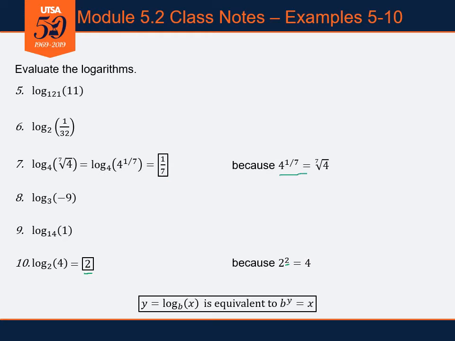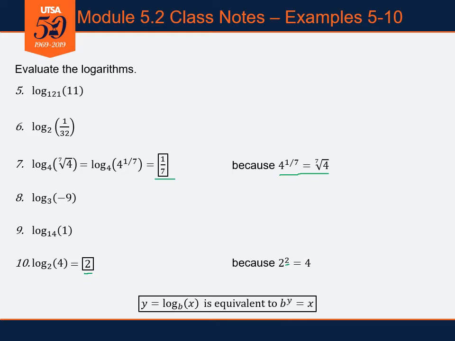The 7th root of 4 is 4 to the 1/7 power. That's all a logarithm is. You've got a base, and you've got a result, and the question is, what power does the base have to be raised to get that result?